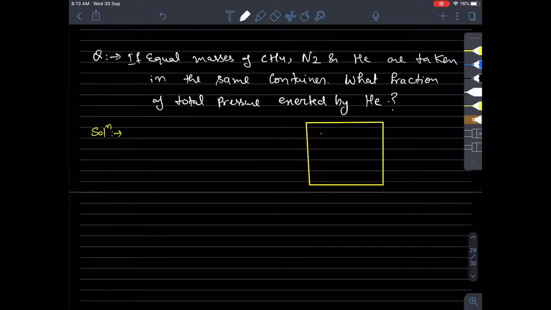So we are having methane, nitrogen, and helium in the same container.